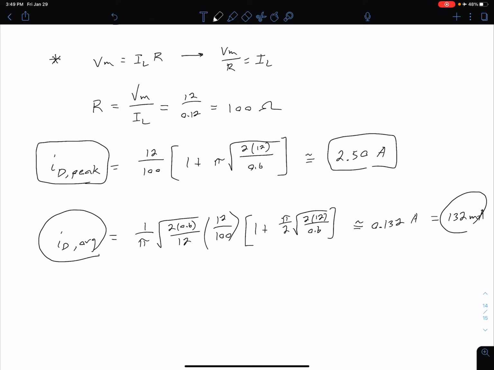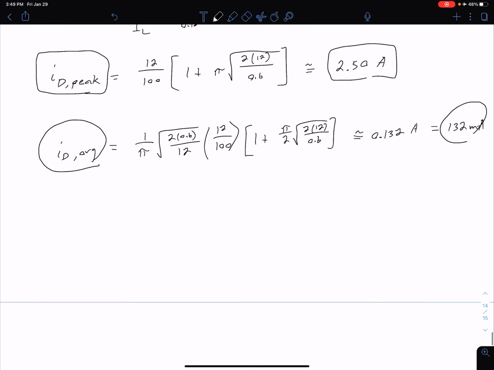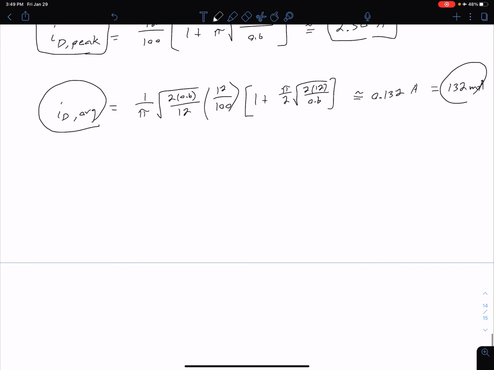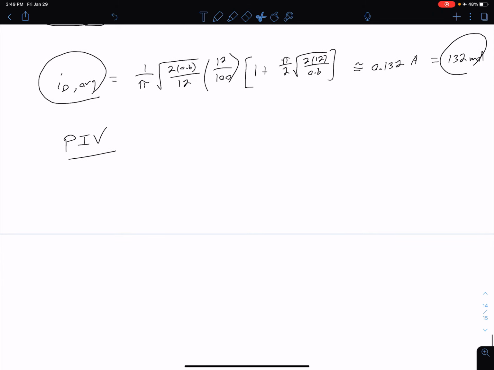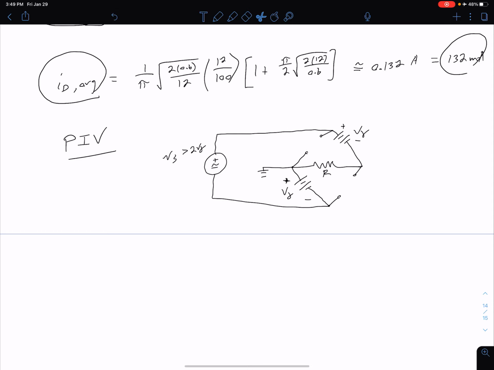Okay, so one other important thing we want to know about our diodes is the peak inverse voltage. We need to know how much voltage it needs to be able to sustain in reverse without breaking down. For that, let's again look at our circuit that we had previously. This is the case when D1 and D2 are forward biased, and of course we had D3 and D4 here, which are reverse biased.